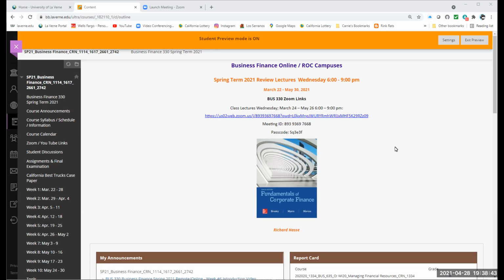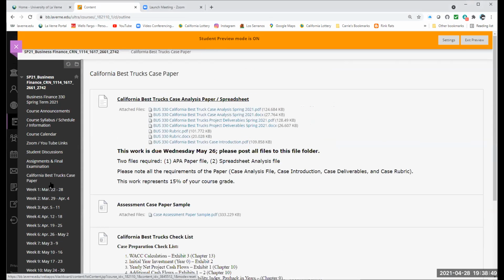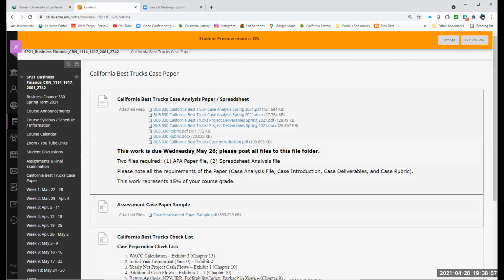The California Best Trucks case has now been posted to your Blackboard on the left-hand side with a file folder. If you click on that, you'll see the information necessary to download and review this. I've given you 4 files. 3 of these files are in PDF and Word doc format.